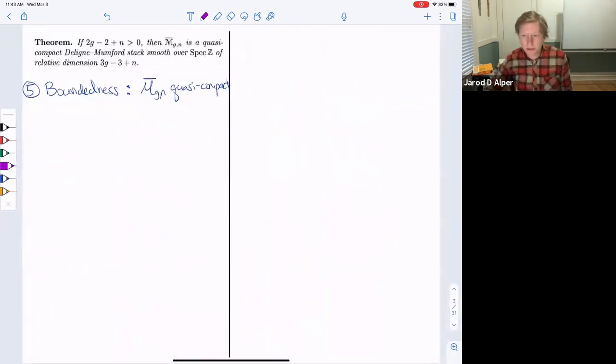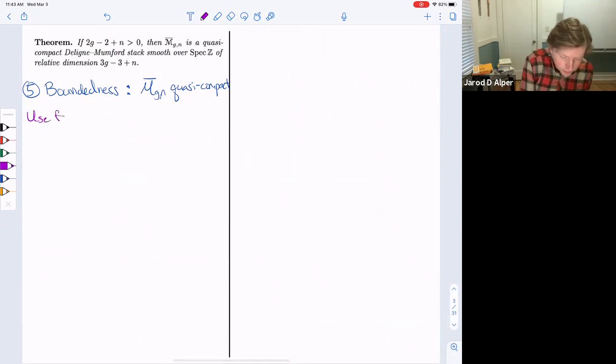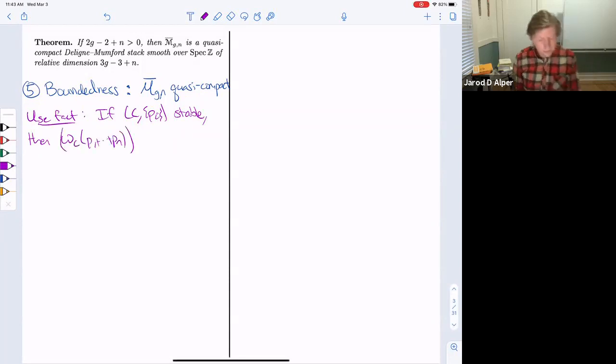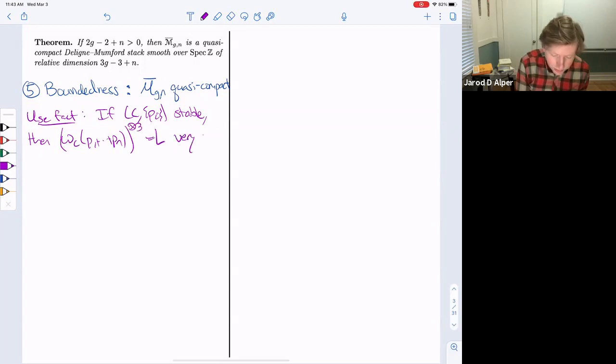What we're missing is the boundedness, and we'll use the fact that if we have a stable curve, then if I take the dualizing sheaf, twist by the marked points, and then take the third power, let's call that L, this line bundle is very ample.